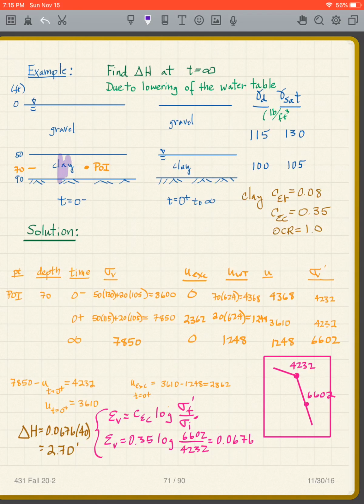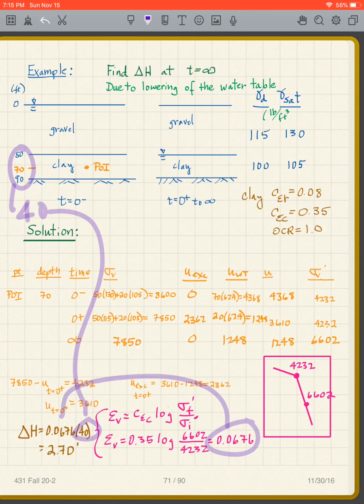The thickness of the clay, H, is 40 feet, because this distance is 40. I put that in here, and I get 2.7 feet.